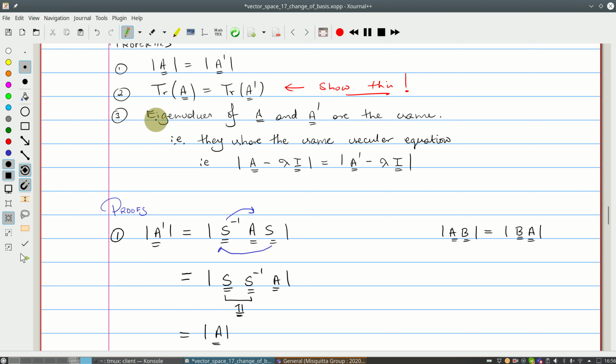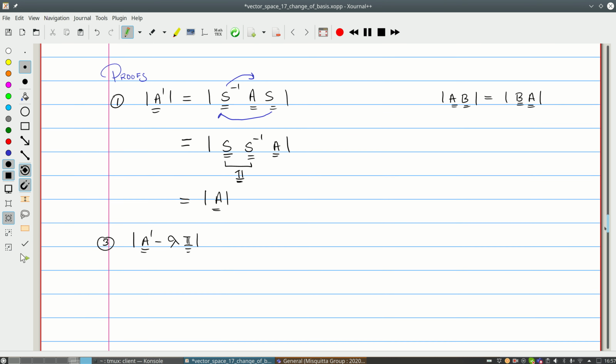You might be asked a question like this: show that the eigenvalues of A and A prime are the same if A prime is a similarity transform of A. Now you need to translate that into mathematics, and the mathematics says that if these eigenvalues are the same, they must share the same secular equation or characteristic equation, and that means that this has to hold. This kind of translation of an English sentence into mathematics is something you need to figure out how to do.